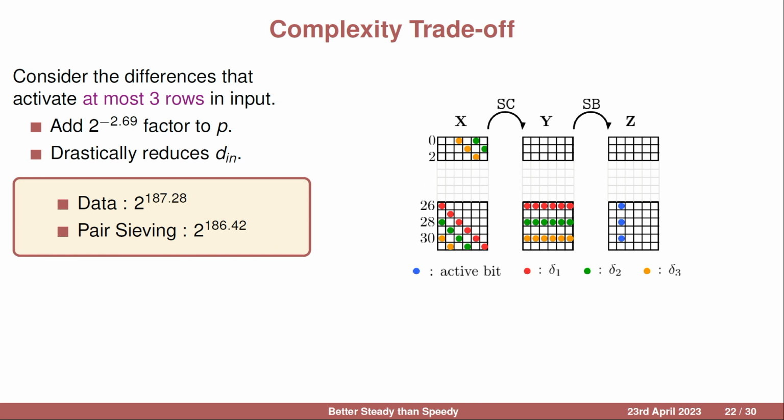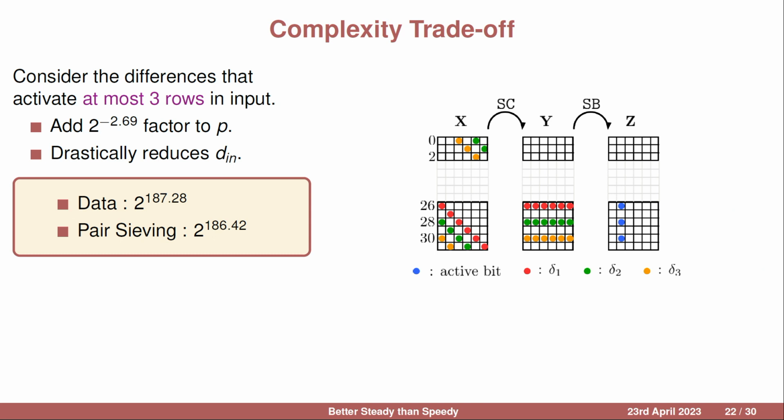So we consider for our input set the differences that will activate at most 3 rows. As a consequence, we add a factor of 2 to the minus 69 to our probability, but this will drastically reduce the size of the input set.